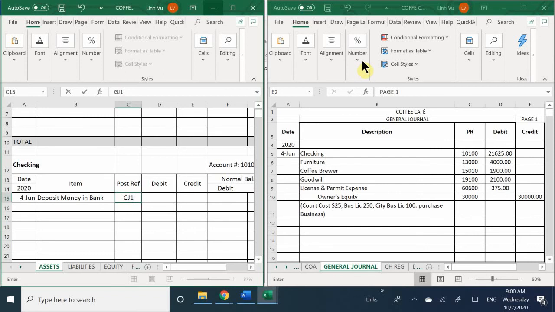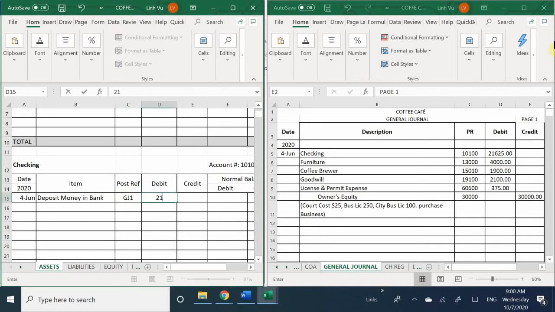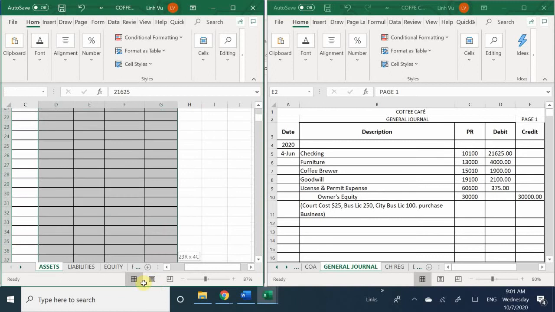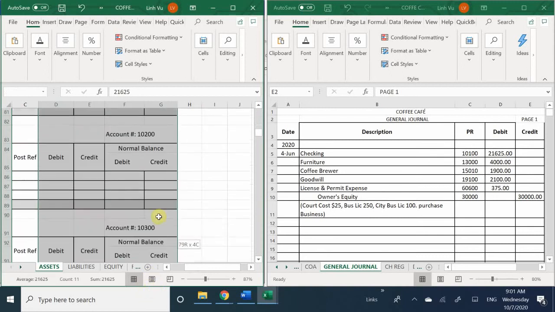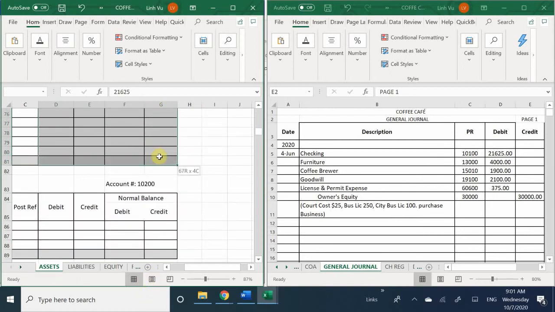So in this case, I have increased my account by 21,625. This one you have to format, but this is a quick, easy format. You're only placing in the decimal points.